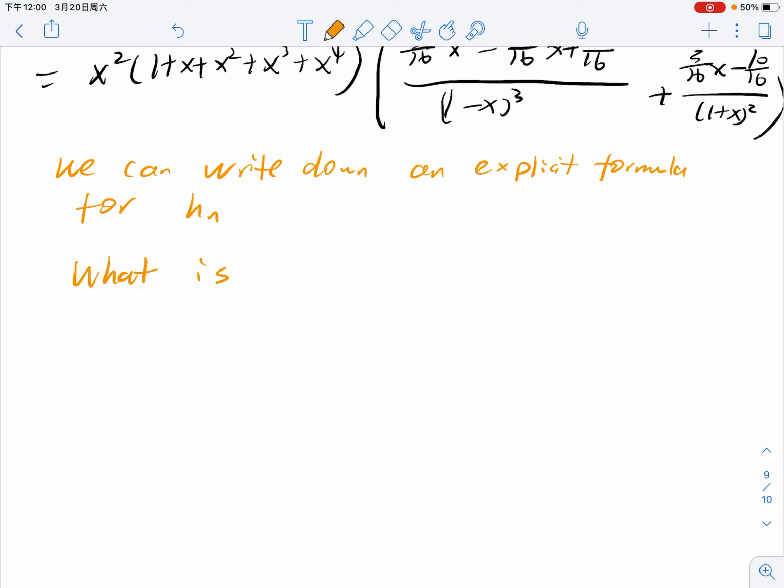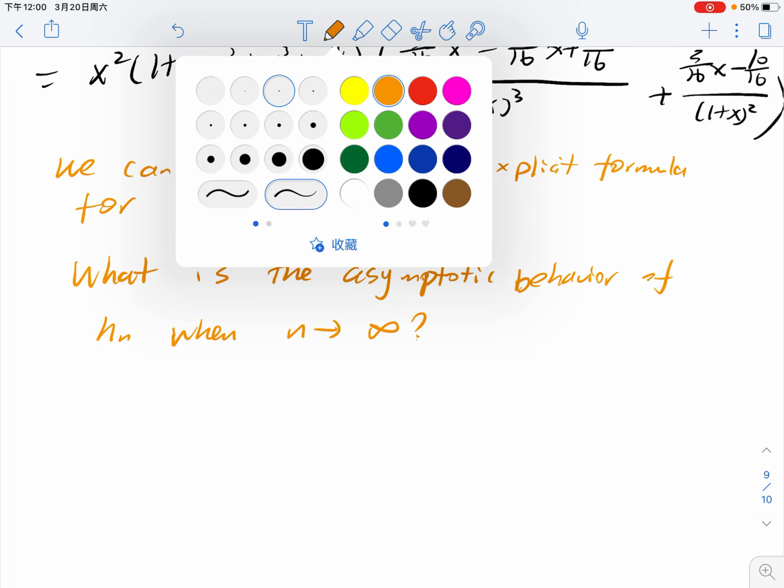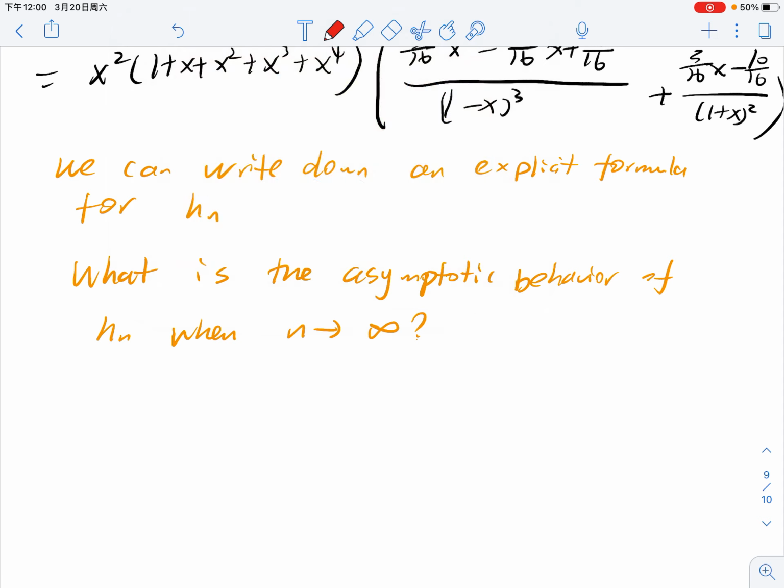What is the asymptotic behavior of H_n when n goes to infinity? In other words, what is the leading term of H_n?